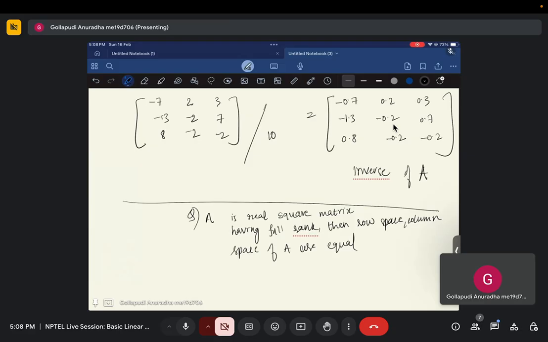Actually, you have taken this type of question in the discussion also, and we have seen that in general it is not true. The row space and column space are different, even if we have full rank. But if we have a symmetric matrix, then only it is true.